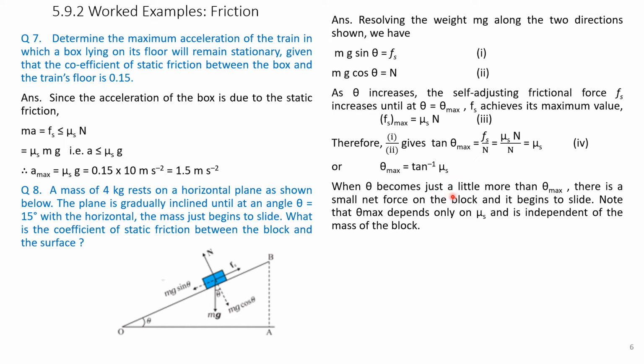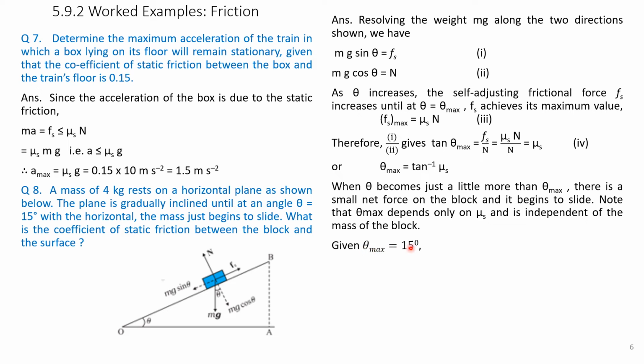Therefore, when theta becomes just a little more than theta max, there is a small net force on the block and it begins to slide. Note that theta max depends only on mu s and is independent of the mass of the block. Theta max is given as 15 degrees.